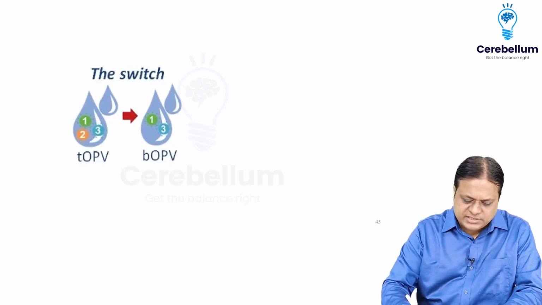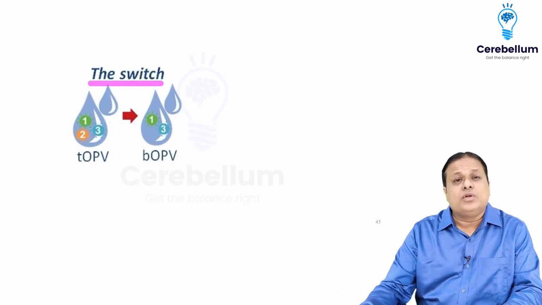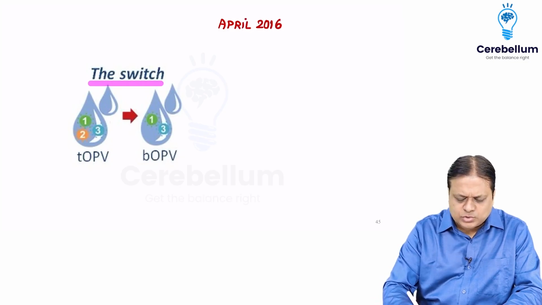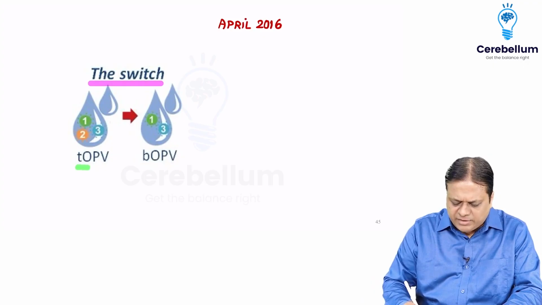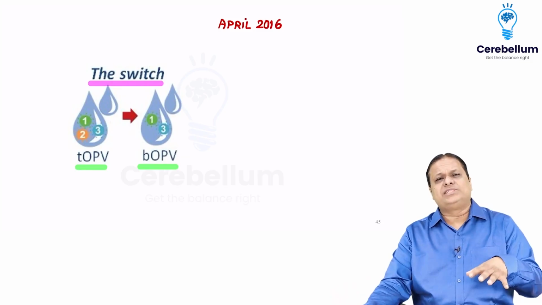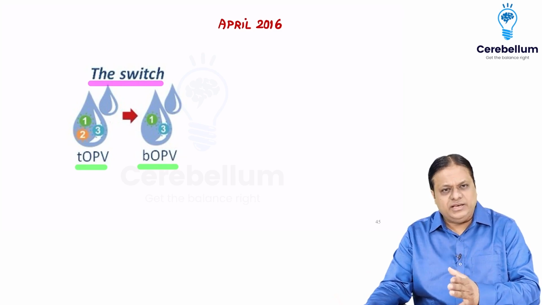This is, yes, the global switch program. And what did we switch from? All countries of the world in April 2016 switched from trivalent OPV to bivalent OPV, because polio virus type 2 was eradicated on 20th September 2015.